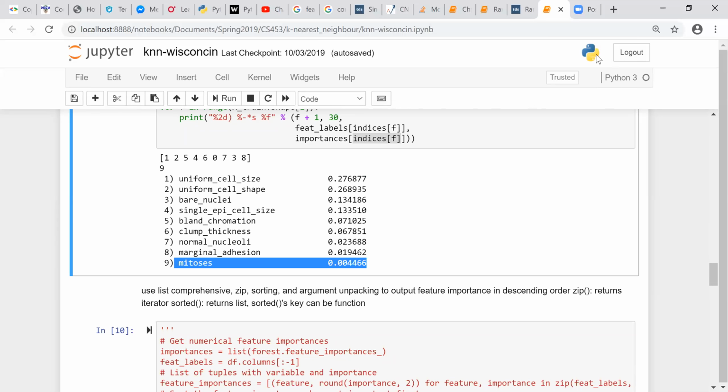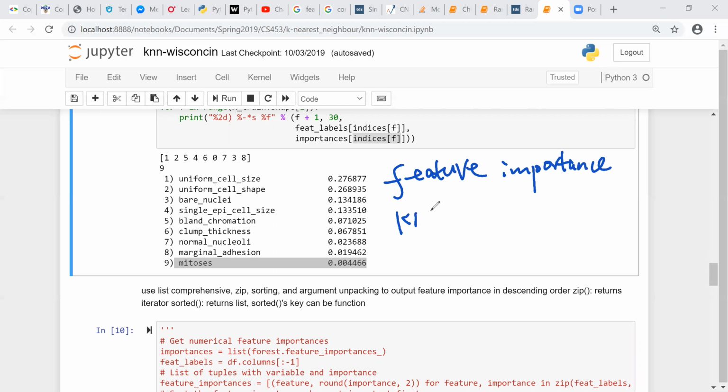A lot of time you can use this, because over here we discuss feature importance. And we said that with KNN and decision tree, you cannot use regularization to reduce the curse of dimensionality.